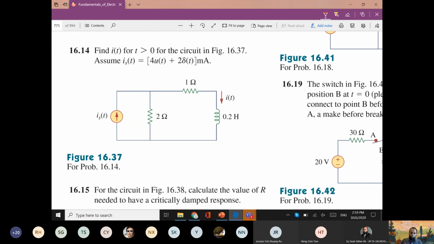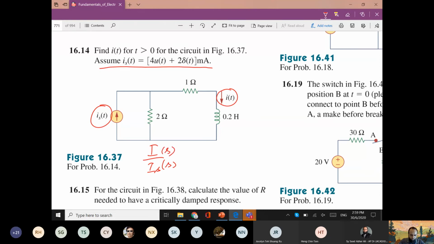So output upon input, and it is supposed to be an expression. Sometimes, like in this question, although it is given the input, we need to keep the output and the input in terms of output and input. We have to find I upon IS.